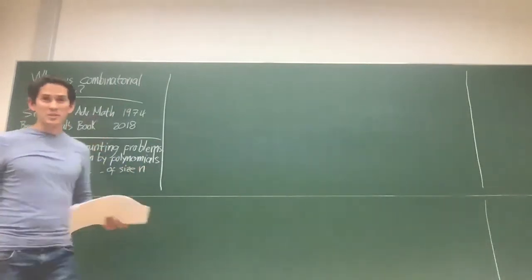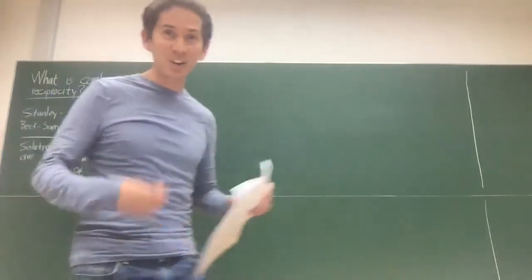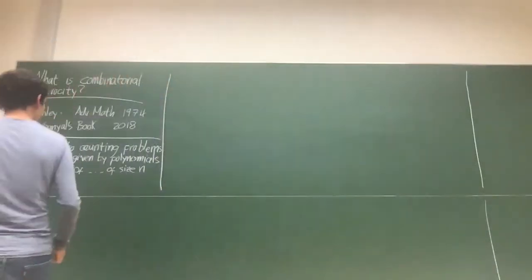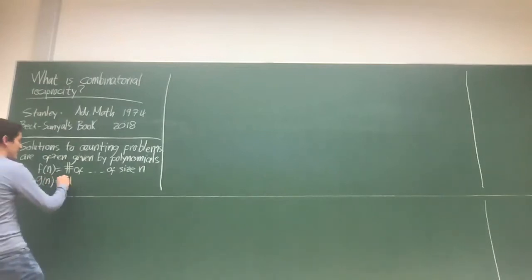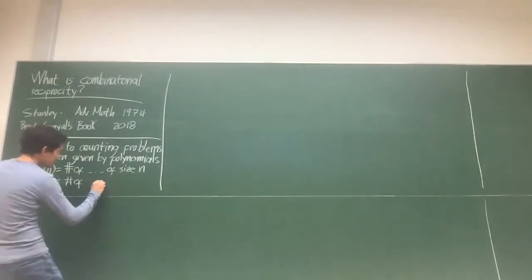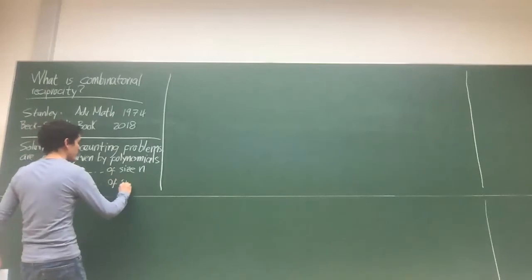And let's suppose Sarah is counting another family of combinatorial objects, and the solution is given by a polynomial g of n.